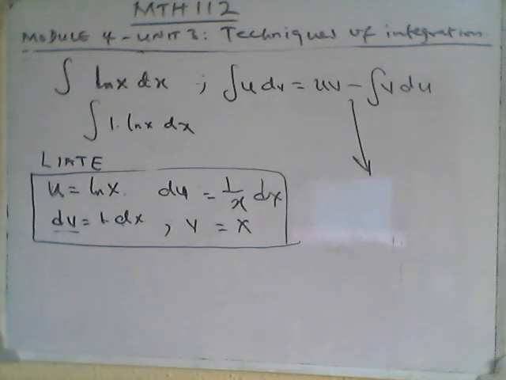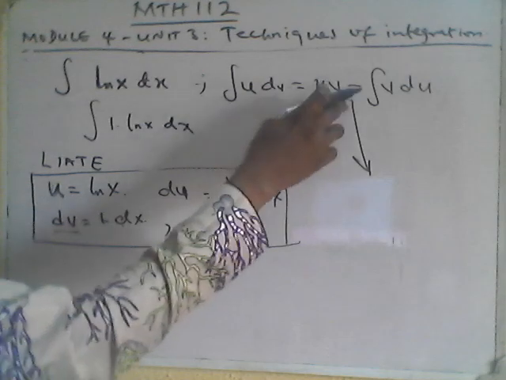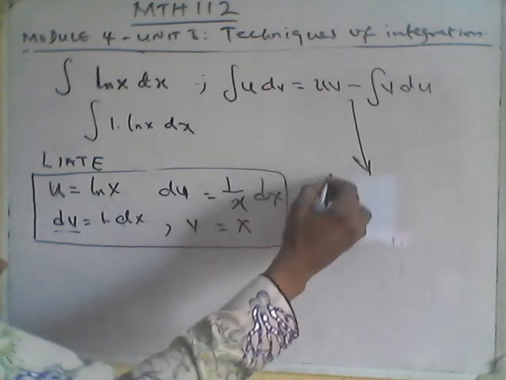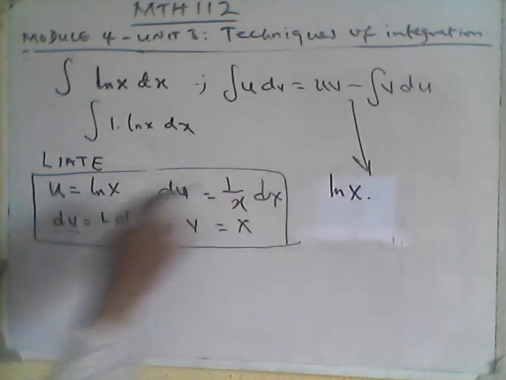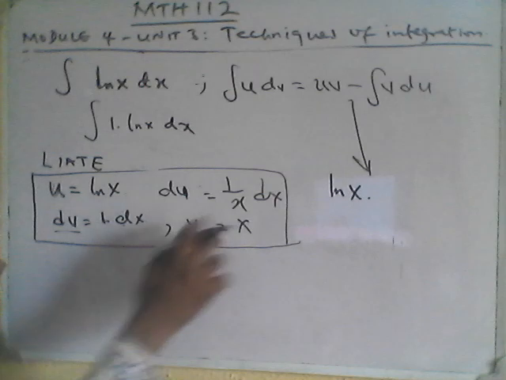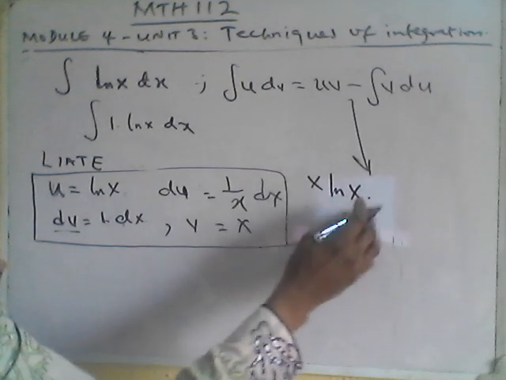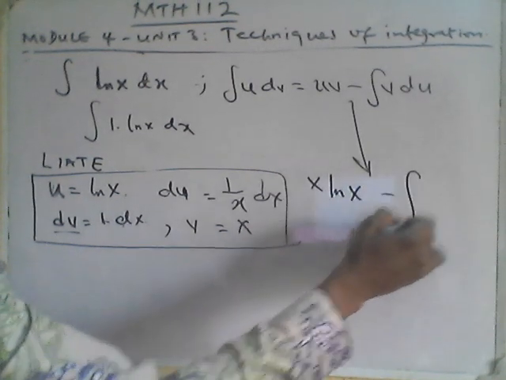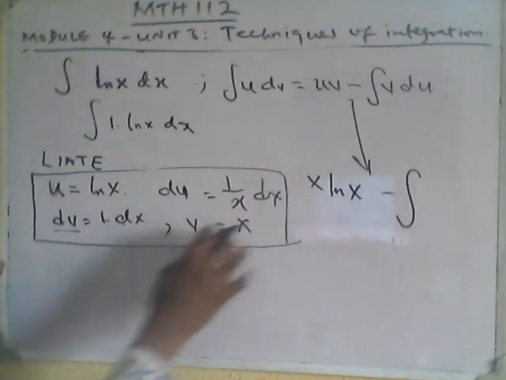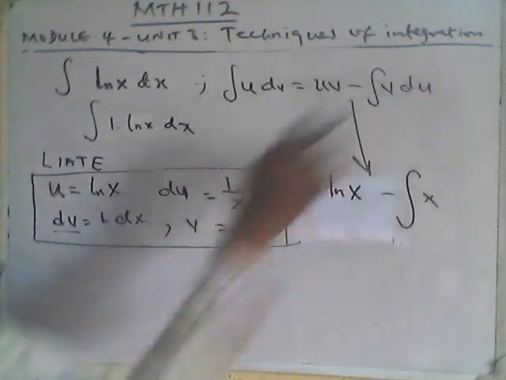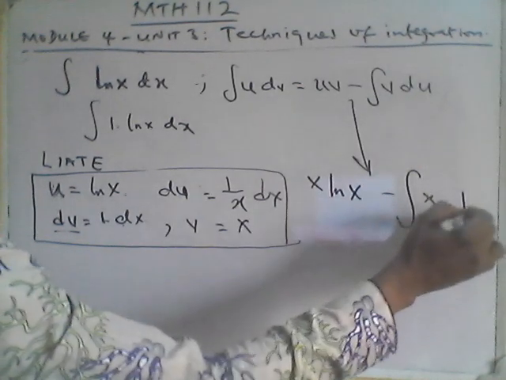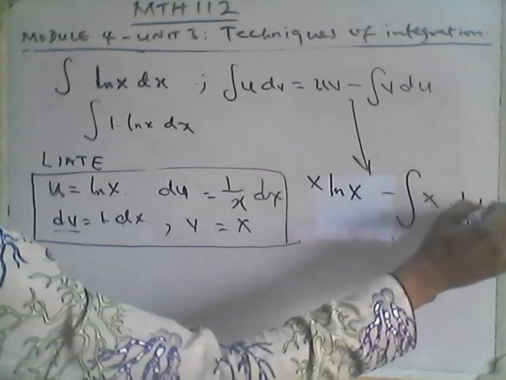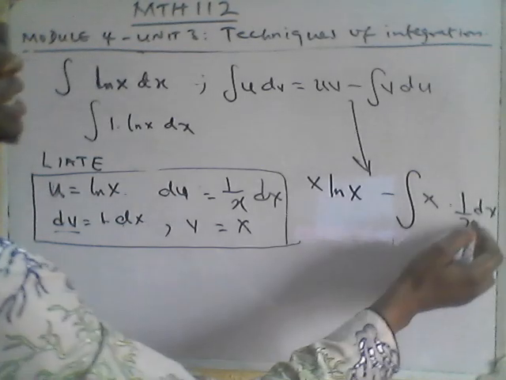So I will just put everything here. uv, what is u? u is ln x, right? And v is what? v is x. So I can put x in front, right? Minus, then integral. v again is x, and du is 1 over x dx. So from here, this can cancel this.